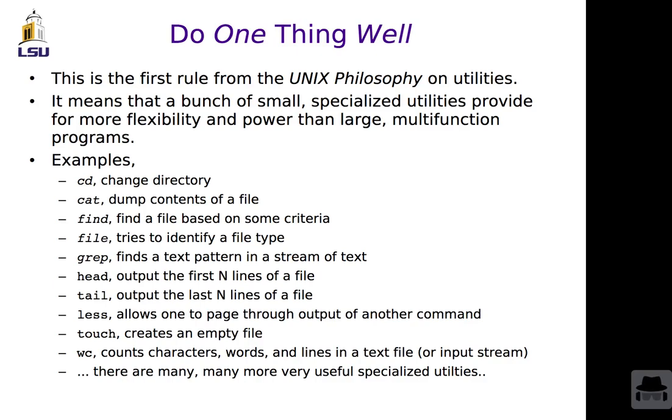Git even has its own grep functionality, so you can search for strings in whatever files are being maintained and tracked. Head, if you just want to look at the first so many lines of a file, you can use head instead of cat. Tail will let you look at the last so many lines of the file.